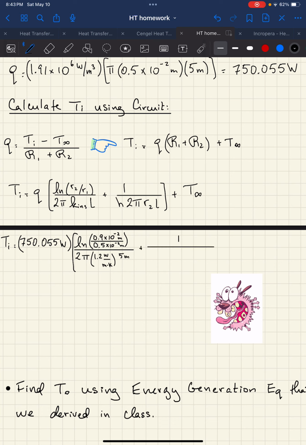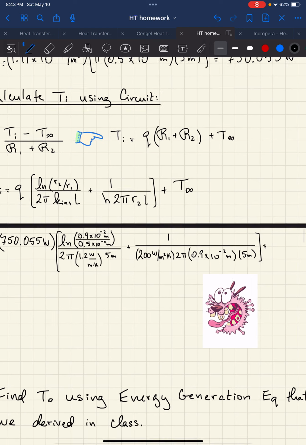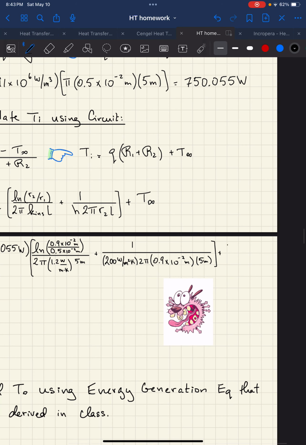Here we go. h, combined radiation and convection, is 200 watts per meter squared Kelvin. We have here a 2 pi. R2 is 0.9 centimeters. And L is the length of the cable, which is 5 meters. T infinity is the ambient, which is 20.